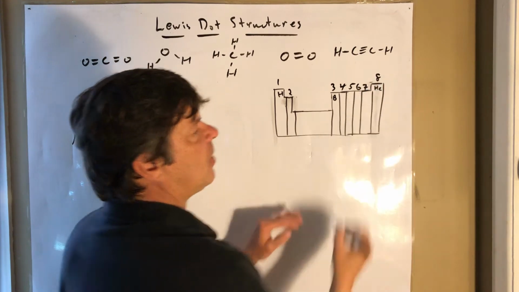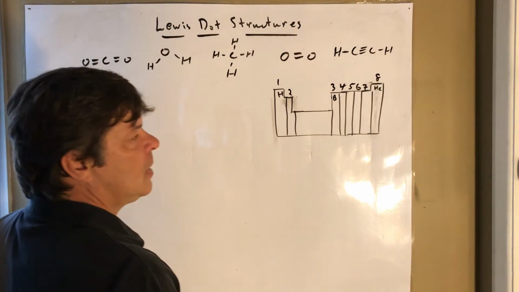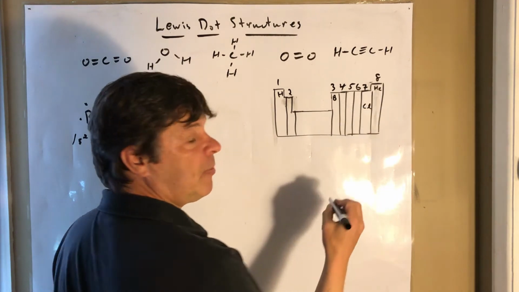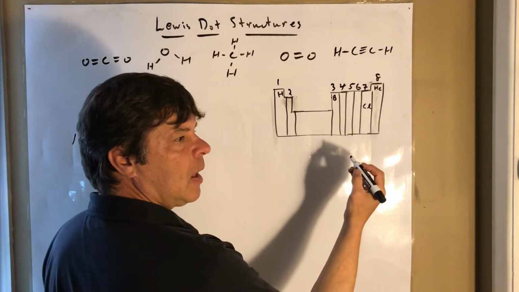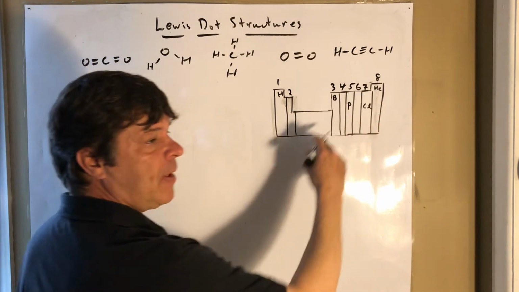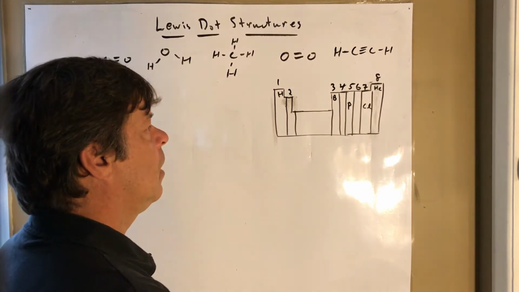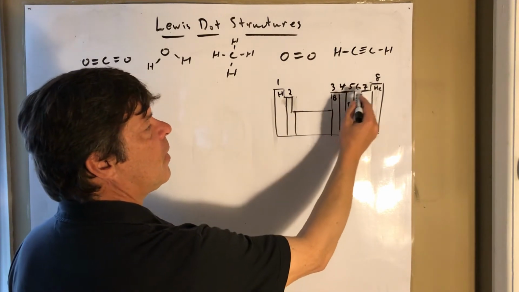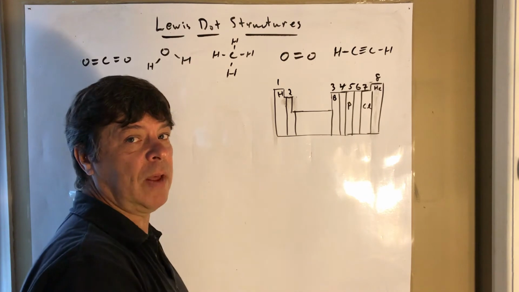Of course, helium just has 2 electrons. So just a couple examples here. Chlorine, this is right here, would have 7 valence electrons. Phosphorus is right here, 5 valence electrons. So just look at a periodic table, count from left to right, 1, 2, 3, 4, 5, 6, 7, 8, and that's the number of valence electrons.